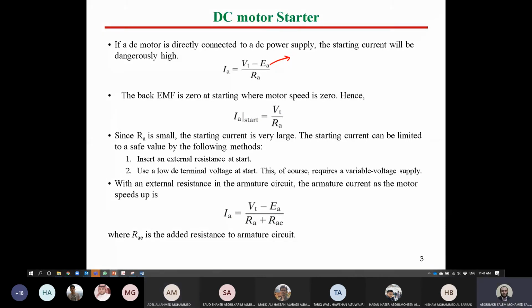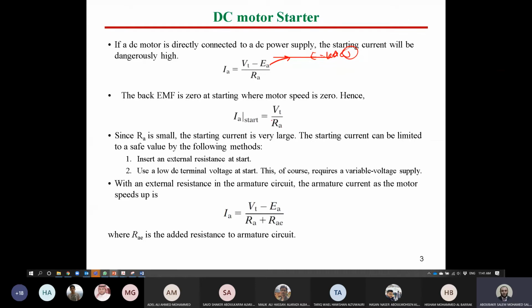E equals K phi multiplied by omega. So if omega is 0, E will be 0. This means that the starting current is VT over RA.